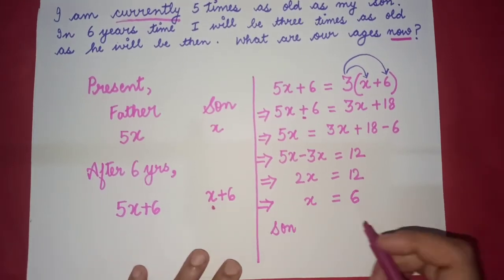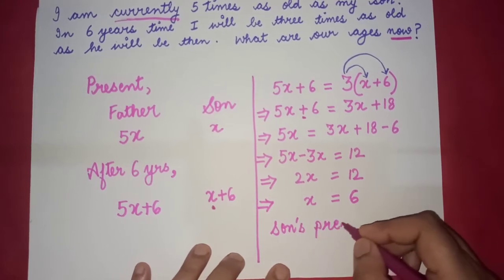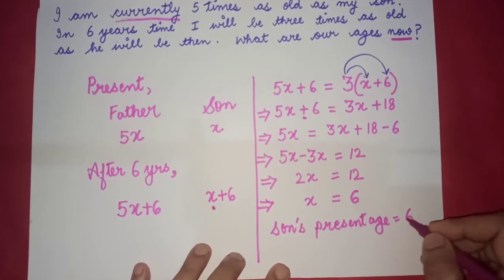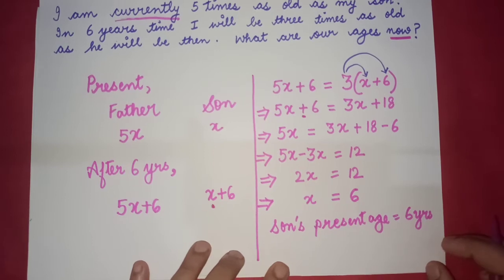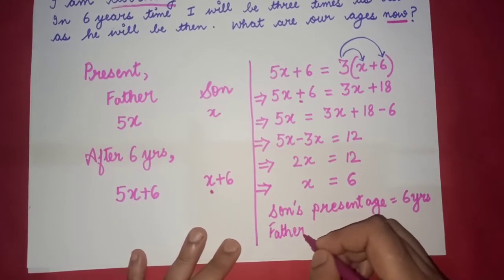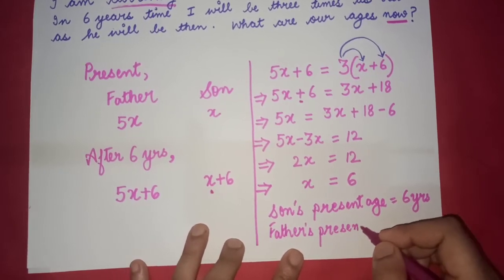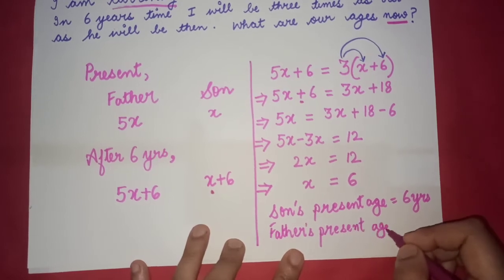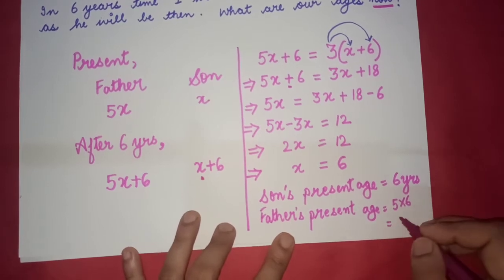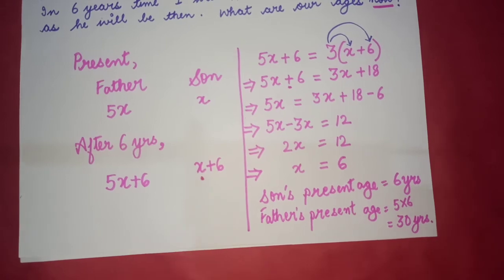So the son's present age is 6 years, and the father's present age is 5 times 6, that is 30 years.